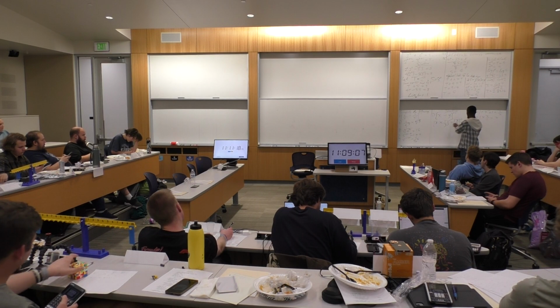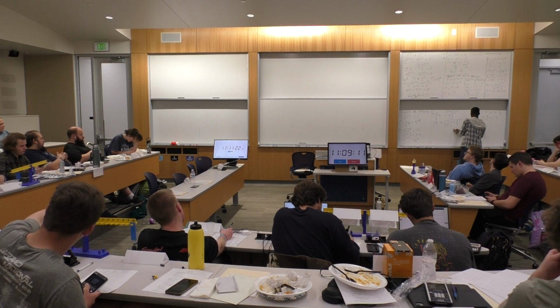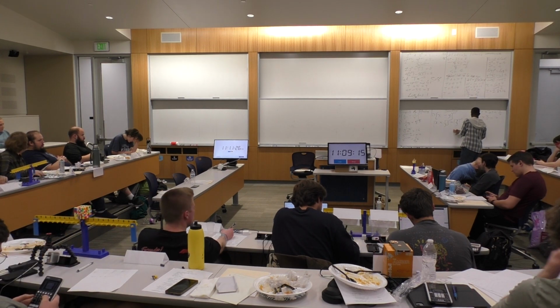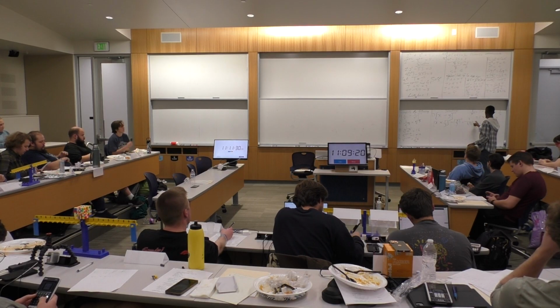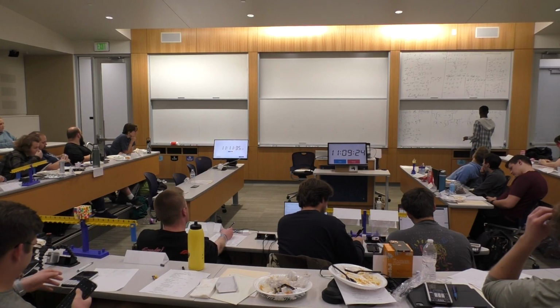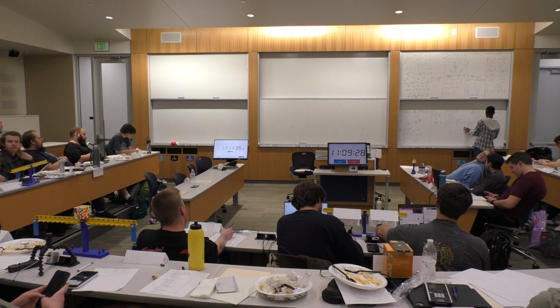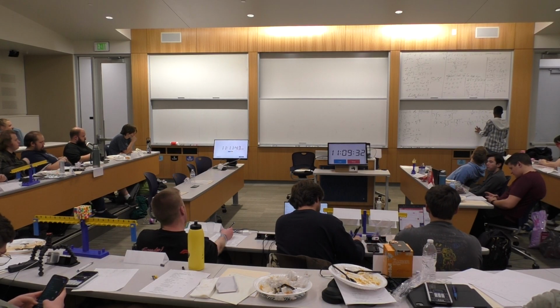And this -1 means 1 over everything that we have here, which is 1 divided by x over y, equals 1 times y over x.